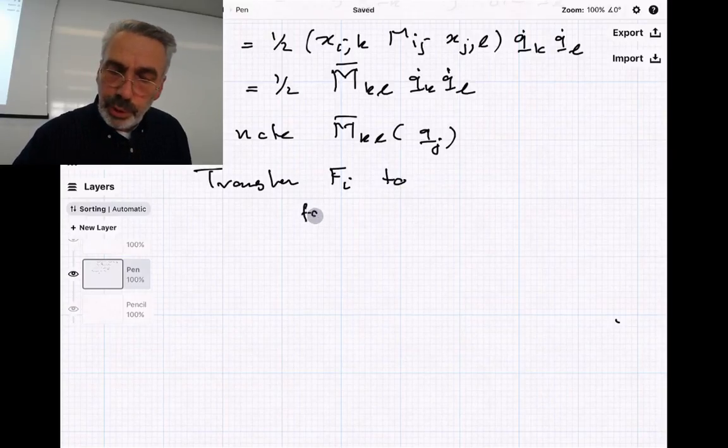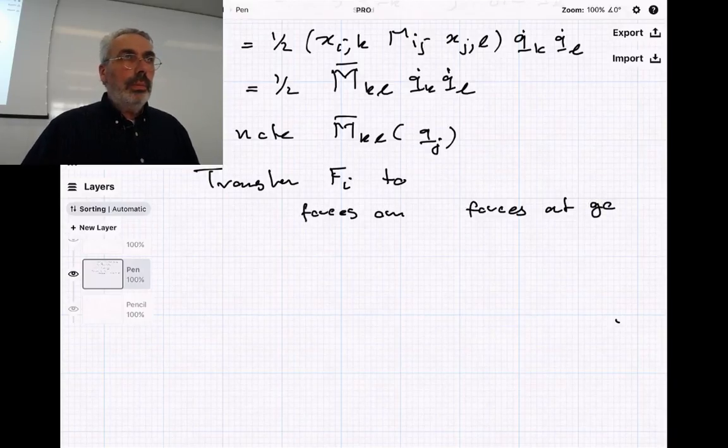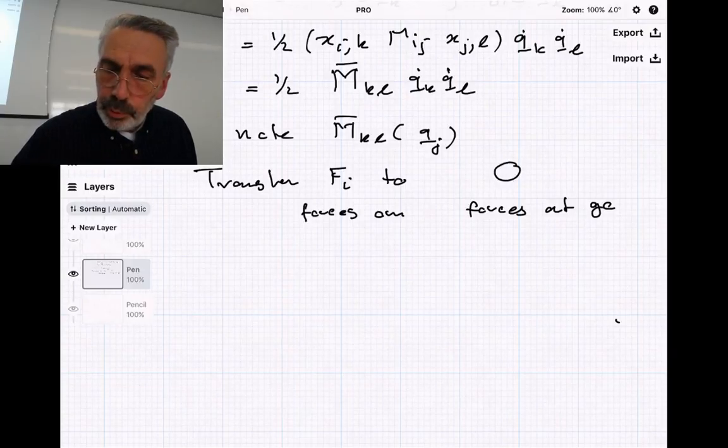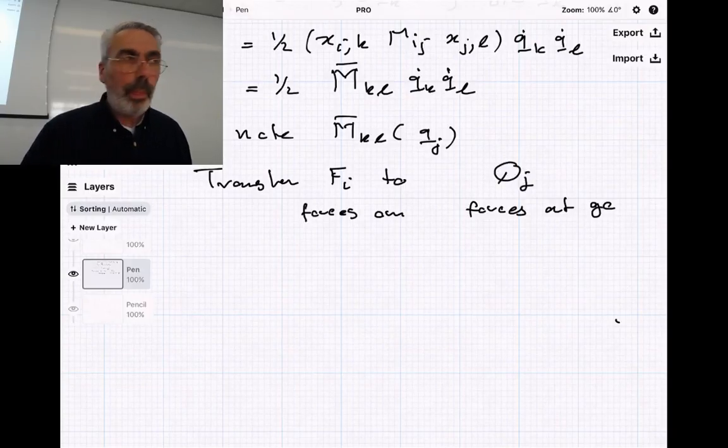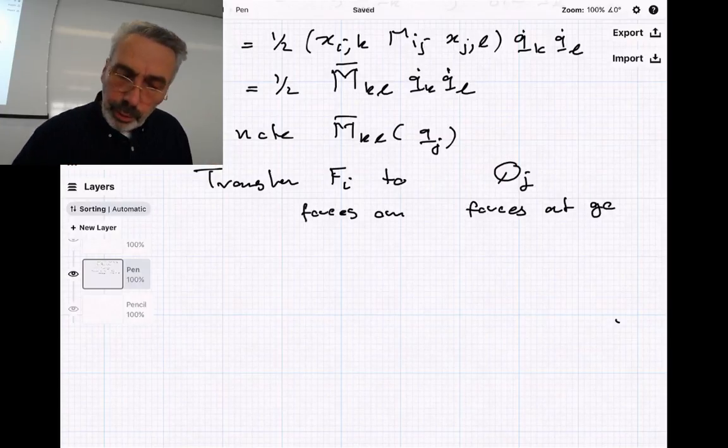So these are forces at the CM, and then forces at the generalized coordinates. But we haven't given them any name. We haven't introduced them. So I will give them a name, capital Q_j. And so there are apparently forces which go with that.